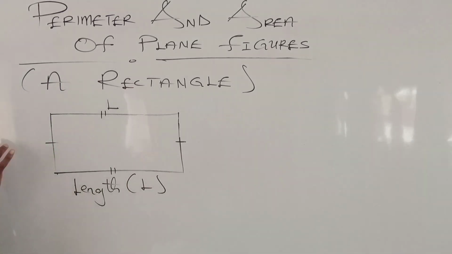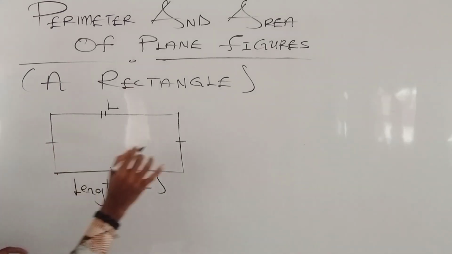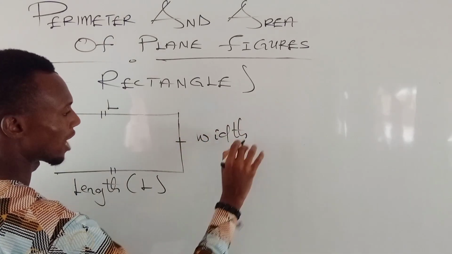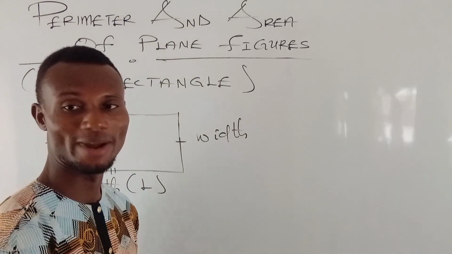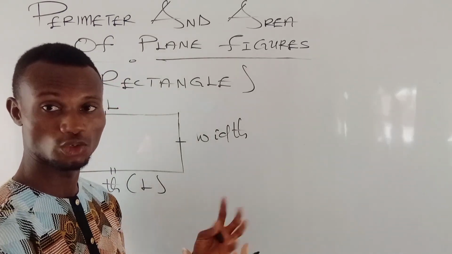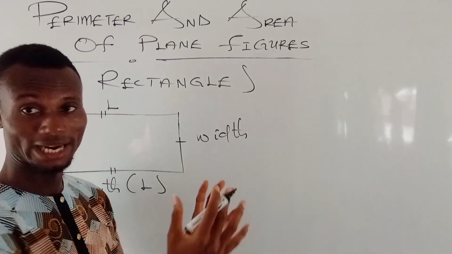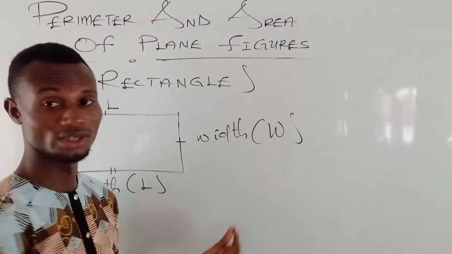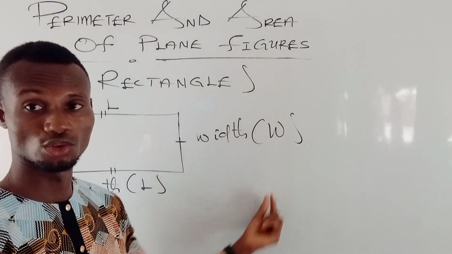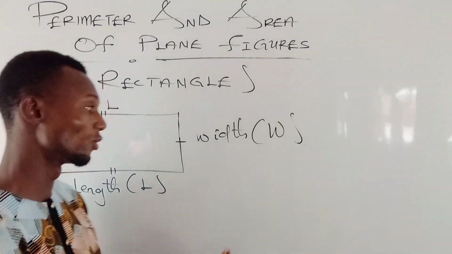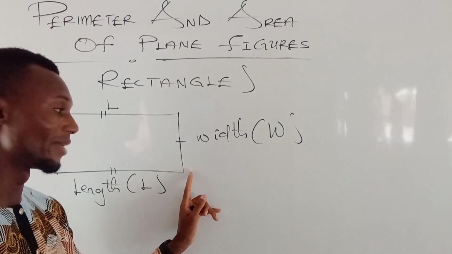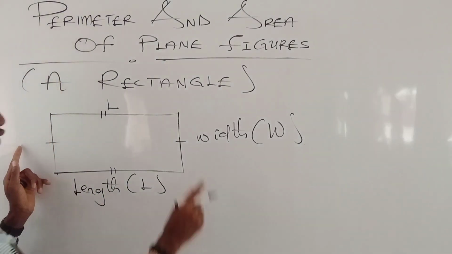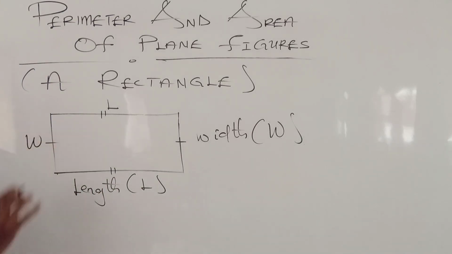Let me write my weight there. We represent the weight by a capital W. That is the variable we use to represent the weight. If this side of the rectangle is weight, then this side will also be weight, so I can put W here as well.